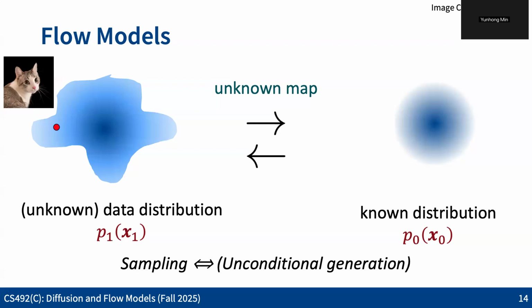So now x0 starts from a known distribution, which is typically the standard Gaussian distribution in our case, and it is mapped to a data point sampled from the data distribution, x1. So we're going to switch the range, flipping the time range. Before, we went from the data distribution to the Gaussian distribution. Now we go the other way, from the Gaussian distribution to the data distribution. So now this will be x0 and this will be x1.